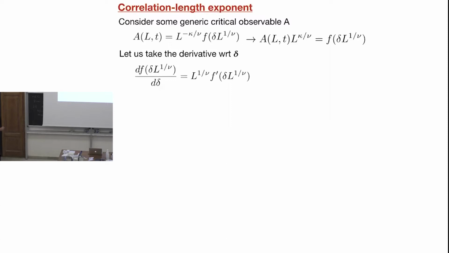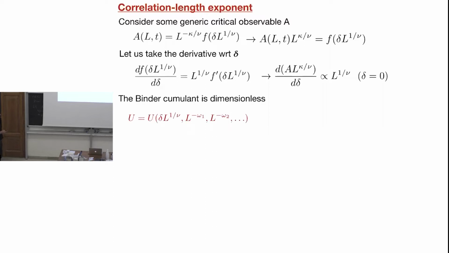So if I look at this function, we get an L dependence, and then we get a derivative of that function. Now this derivative of that function we don't really care about. It will be some number, some constant. So if we look at this quantity here, its derivative will be proportional to L to the 1 over nu. So that's one way of extracting this 1 over nu exponent.